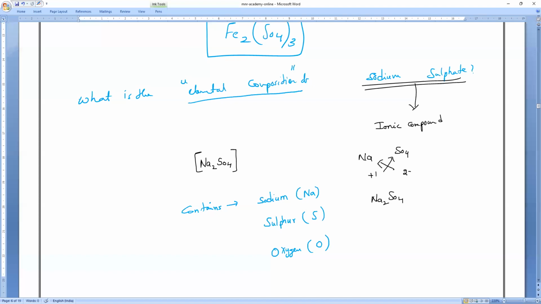Many people think elemental composition means you write sodium plus sulfate. No. Elemental composition means what elements are present in that. That is what you have to write. Note it. Clear? Do it fast. Anybody having any doubt, you can ask.